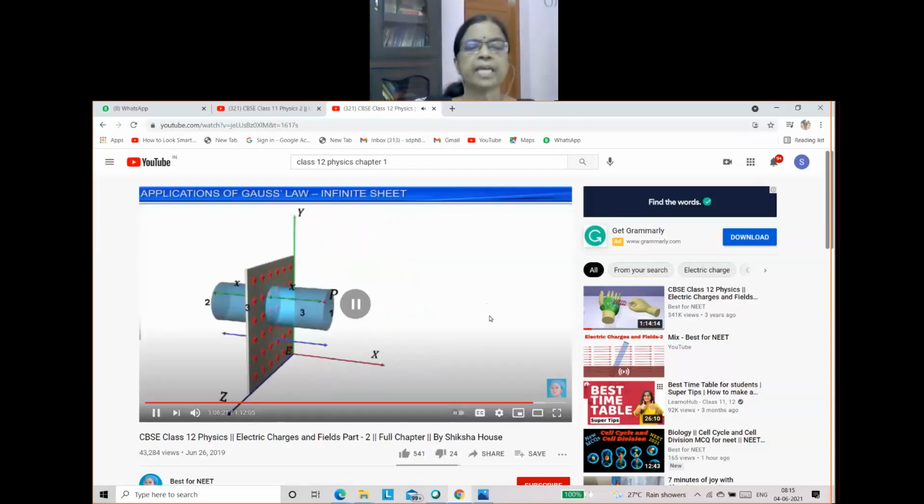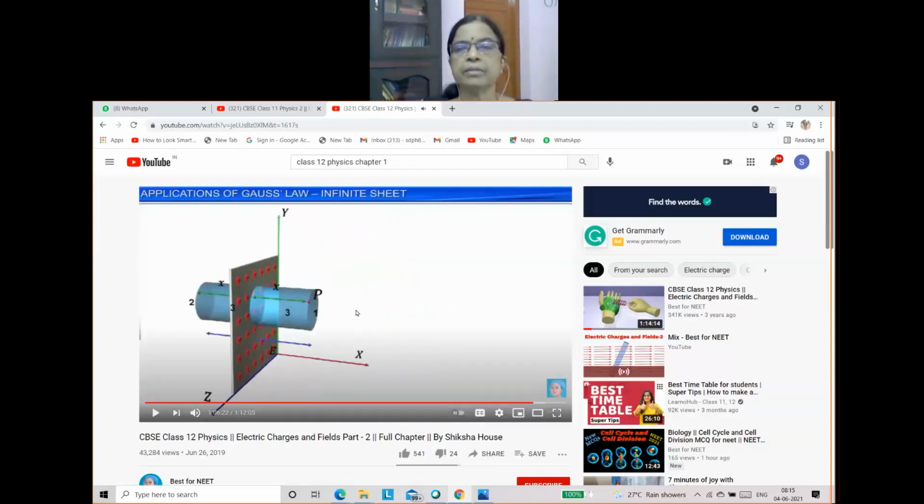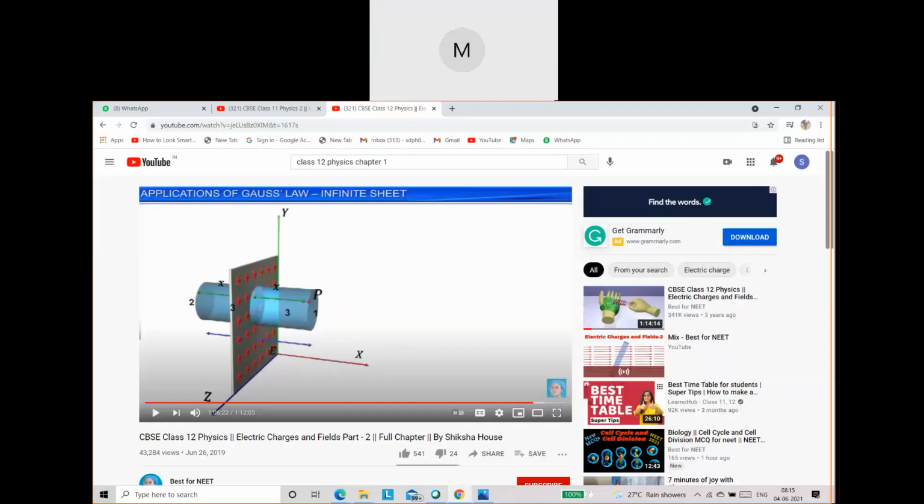Understood, children? Three surfaces: the first plane surface, the second plane surface, and the third one is the curved surface.